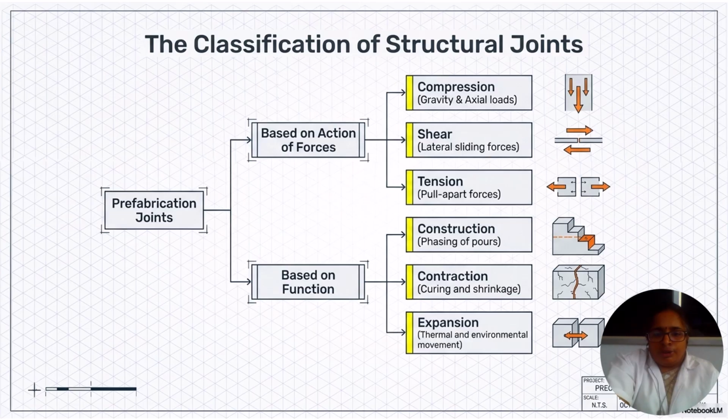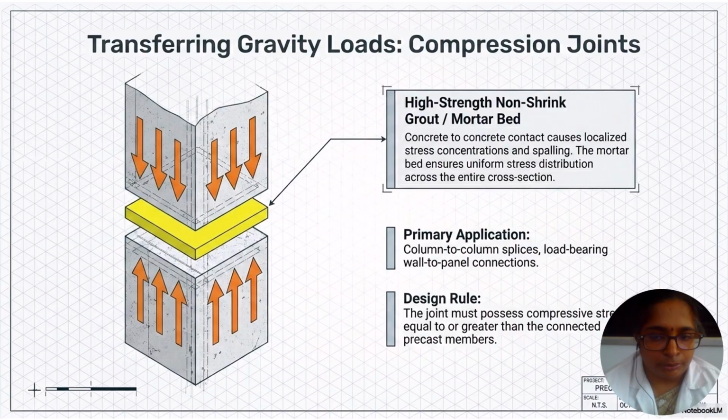Based on function, it is classified into construction, that is phasing of work, contraction joint, which is due to curing and shrinkage, and expansion joints, which are provided for the purpose of thermal and environmental movement.